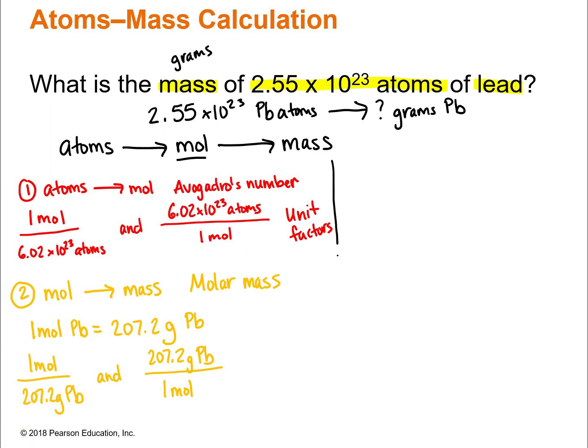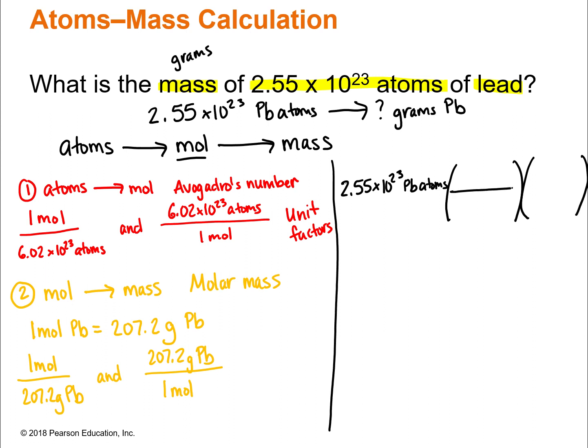Time to set up our equation. We're starting with 2.55 times 10 to the 23rd lead atoms. It's going to be a little bit of a tight fit, but I'm going to try to squeeze it all in there. First, we have to deal with converting the atoms to the number of moles.